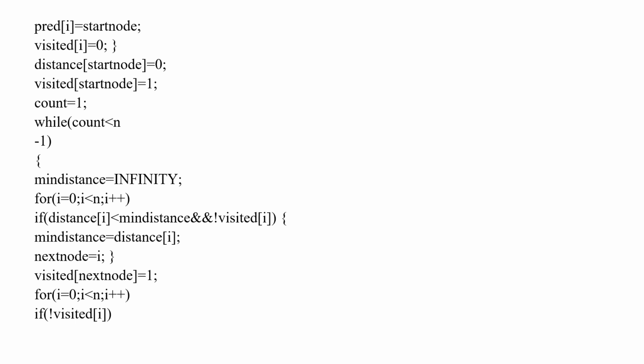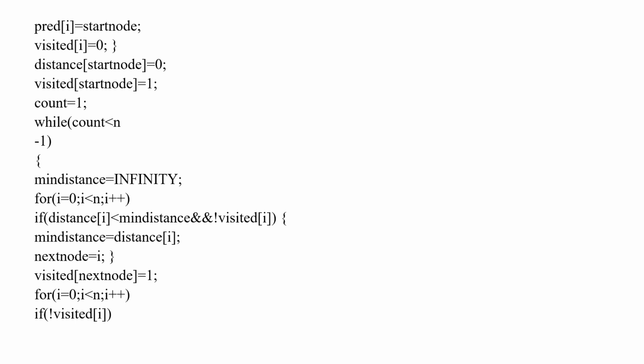And again, if distance[i] is less than the minimum, so the minimum distance you have assigned, and suppose the distance that you have calculated is less than that minimum distance, then you have to again go for the visited node, whether some other path is available or not. So if it is available, then you will define that minimum distance as the distance available, or you will go to the next node.